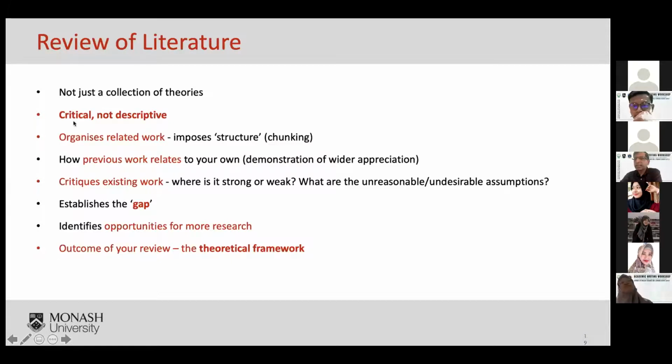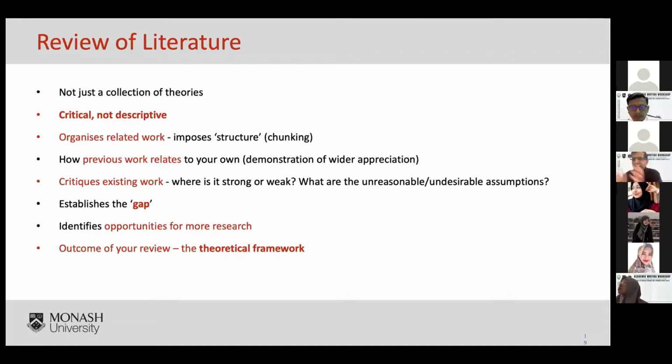Now, critical doesn't even mean agree or disagree, agree, disagree. Critical means you are trying not only to compare, but to blend and synthesize ideas from 2, 3, 4, 5 theorists. And when you do that, at the end of your lit review, you have a section where you almost say, therefore, considering all of these, we can put together this part of this theory and this part of this theory and this part of this theory into an integrated framework.